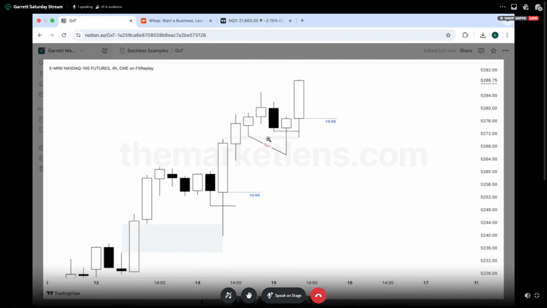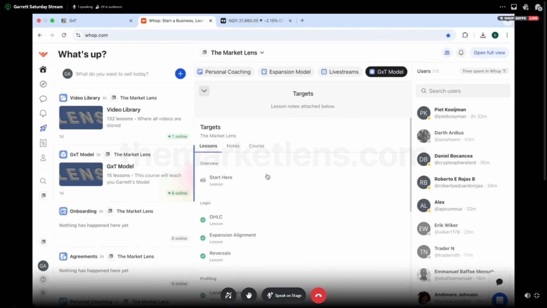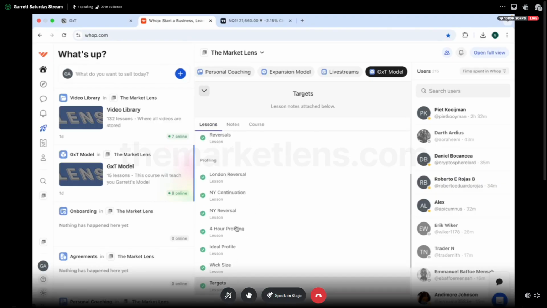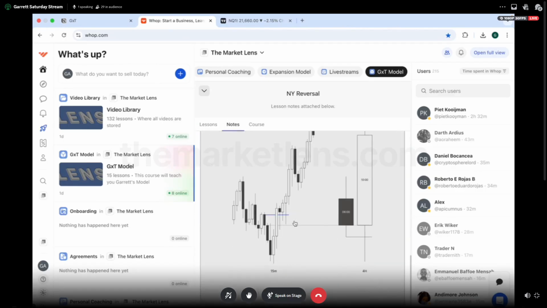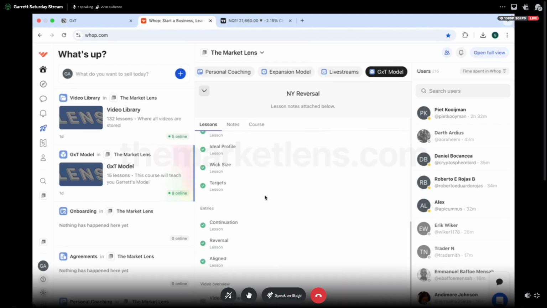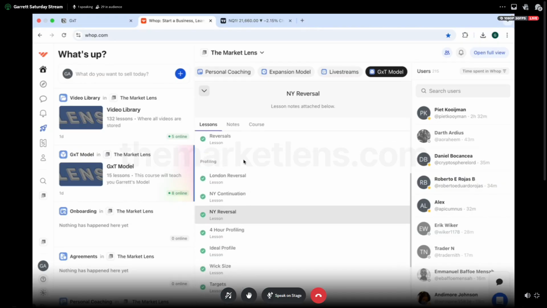So moving on, the low of the day here formed at 6 a.m. from a 4-hour key level, and that would look something like this. Lessons. Let's go to New York reversal. Whoops, wrong one. It's in the 4-hour one. 4-hour profile here, sorry.